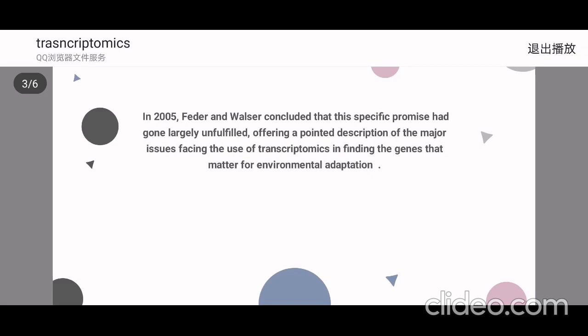In 2005, Feder and Walser concluded that this specific promise has gone largely unfulfilled, offering a pointed description of the major issues facing the use of transcriptomics in finding the genes that matter for environmental adaptation. Their critique focused on three major issues.